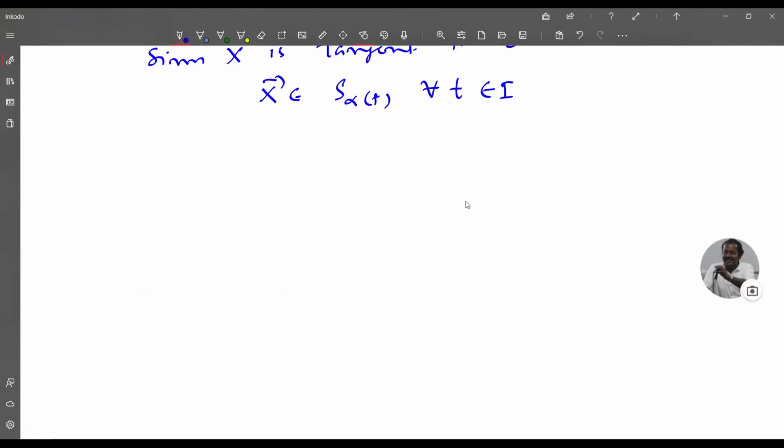Therefore x of t is spanned by alpha dot of t and v of t.